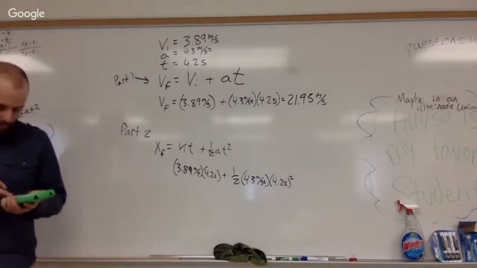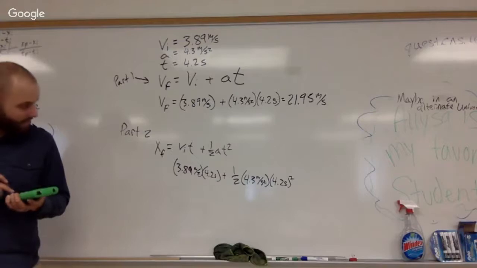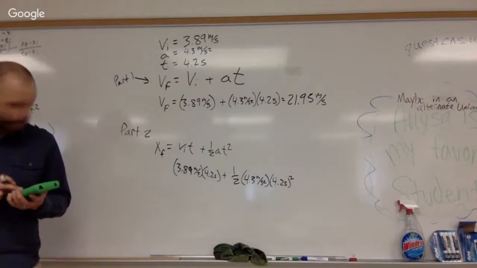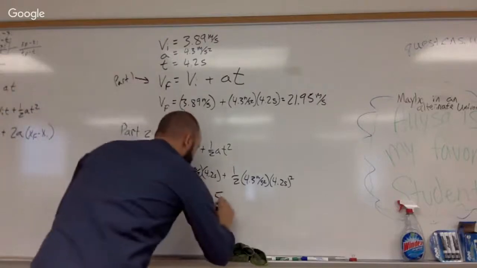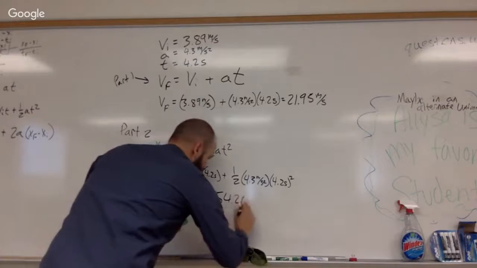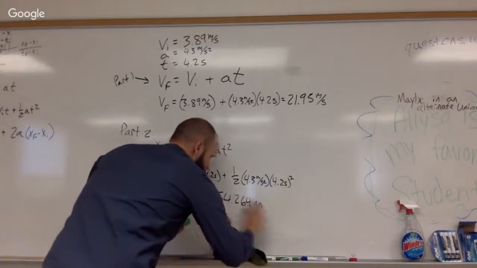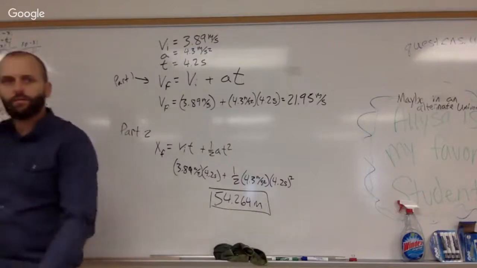So I'm going to do 3.89 times 4.2 plus 0.5 times 4.3 times 4.2 squared. I get a distance of 54.264 meters.